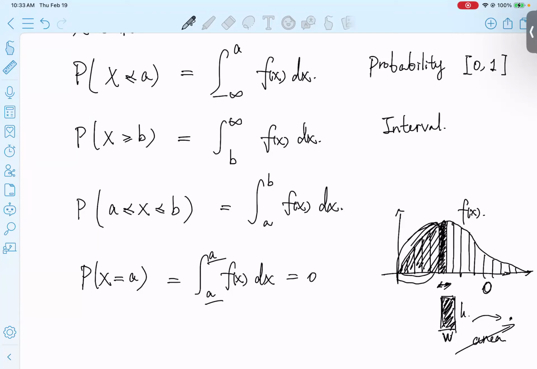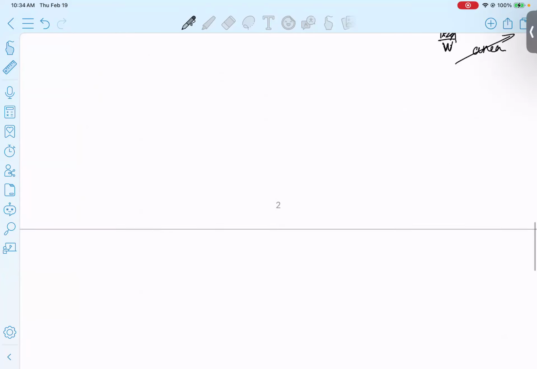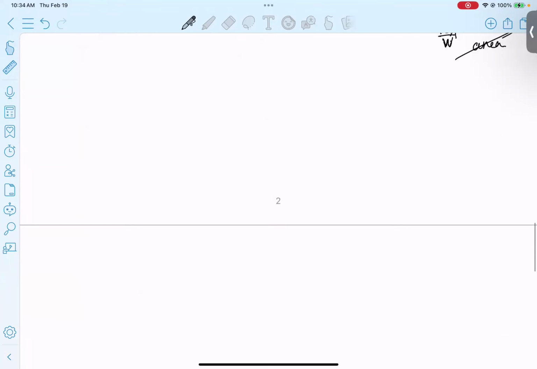Okay, so next let me do one example like last time, for the exponential distribution.